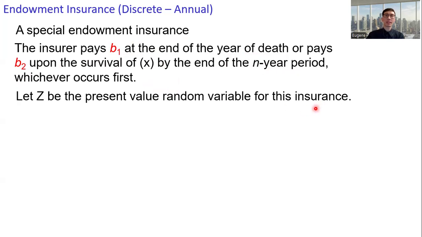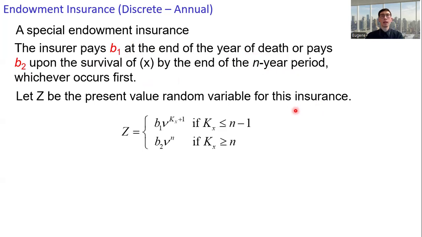Let Z be the present value random variable for this insurance. And we have the PMF here, the death benefit B1, the corresponding present value is B1 nu to the power K_x plus 1. And then the survival benefit B2 times nu to the power n.